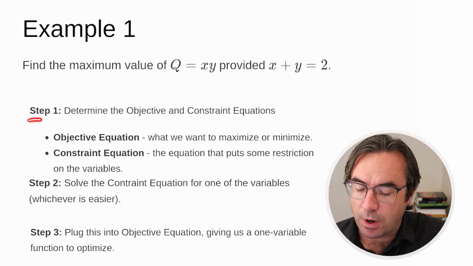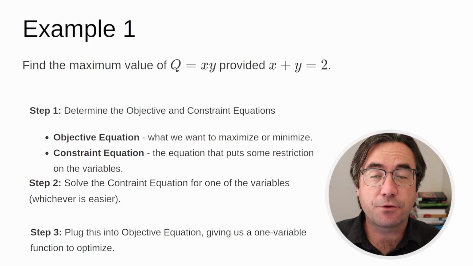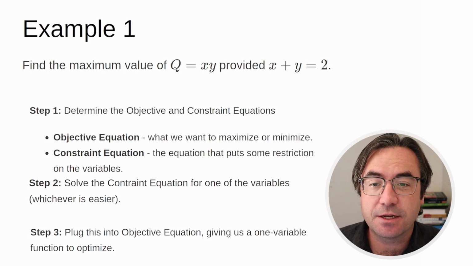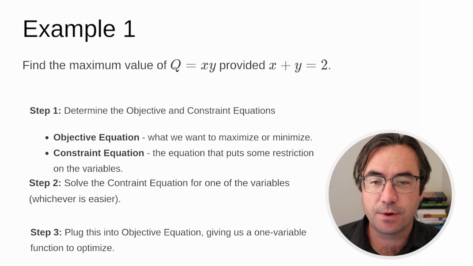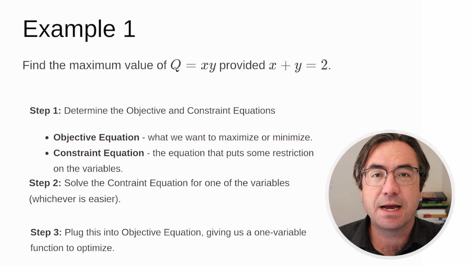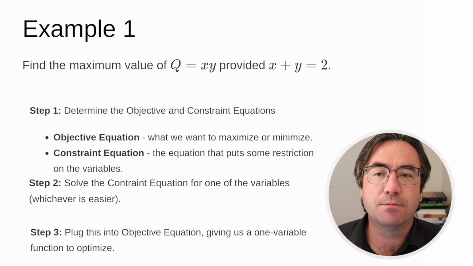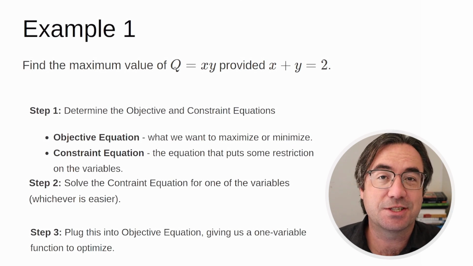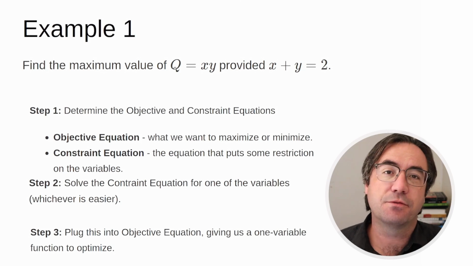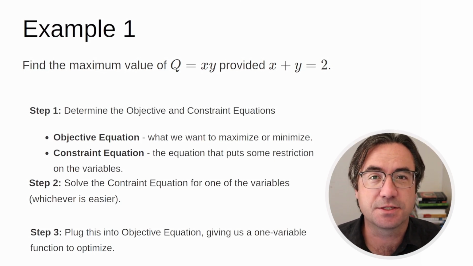All right, so step one. When we have this type of problem, the first thing we want to do is identify what we call the objective and the constraint equations. The objective equation is whatever we want to maximize or minimize. So you're looking for wording in the problem that suggests that: find the maximum value of, find the minimum value of, find the largest, the smallest.